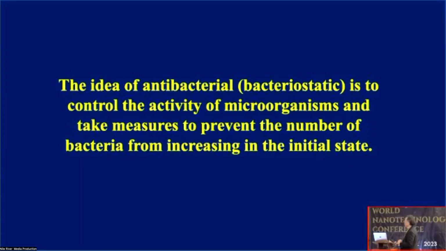The idea I'd like to note for the antibacterial is to control the activity of the microbes and take measures to prevent the number of bacteria from increasing in the initial state. This is the idea.